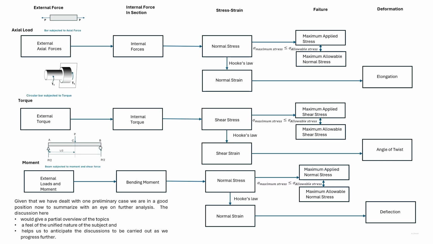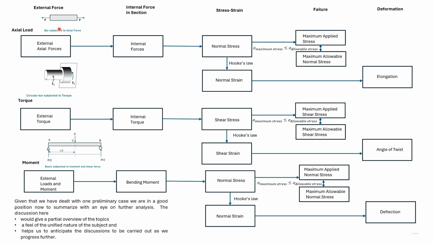Here we look at bars subjected to axial loads in an integrated manner, using the treatment of circular members subjected to torque and beams subjected to moments in the same vein, and we'll look at them briefly.